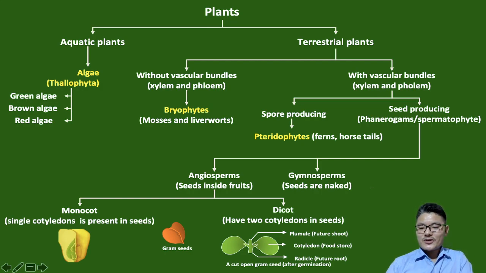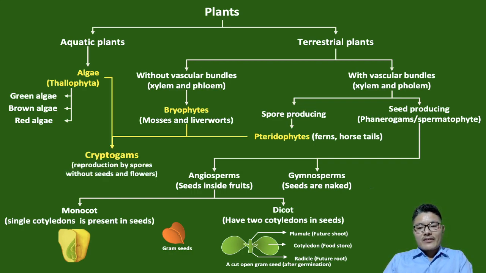Hope you have understood. Now, algae, bryophytes, and pteridophytes are known as cryptogams. Cryptogams do not produce seeds. Instead, they reproduce by spores. And if they do not have seeds, then they may not bear flowers.